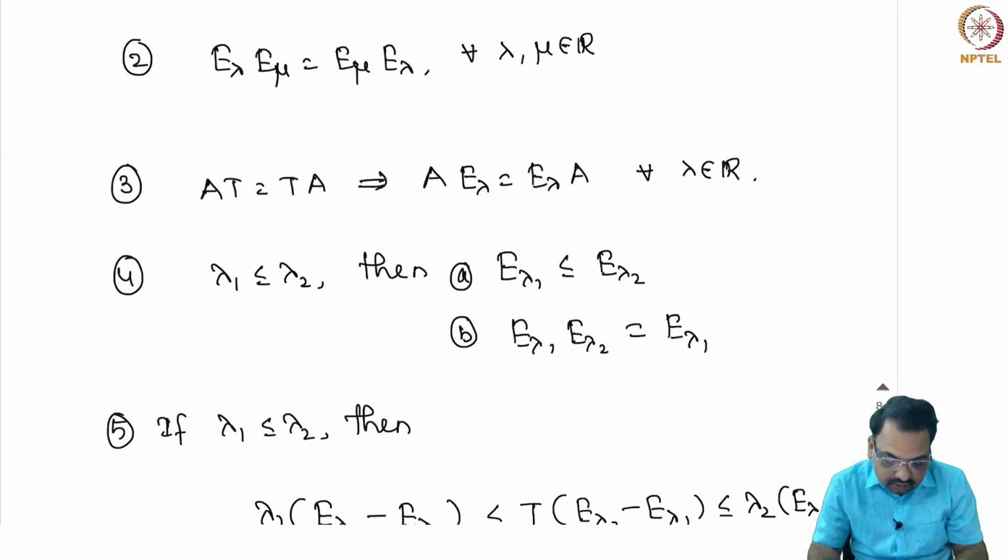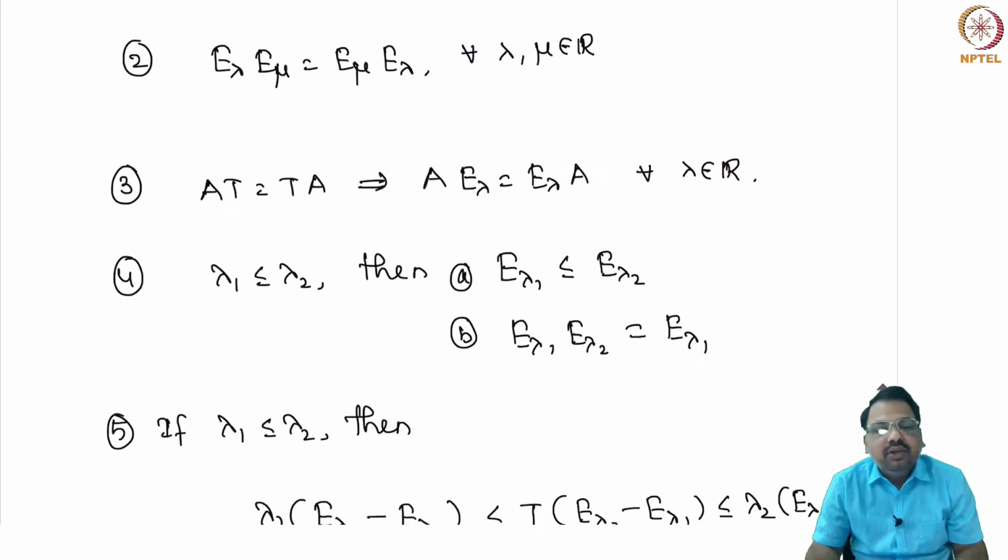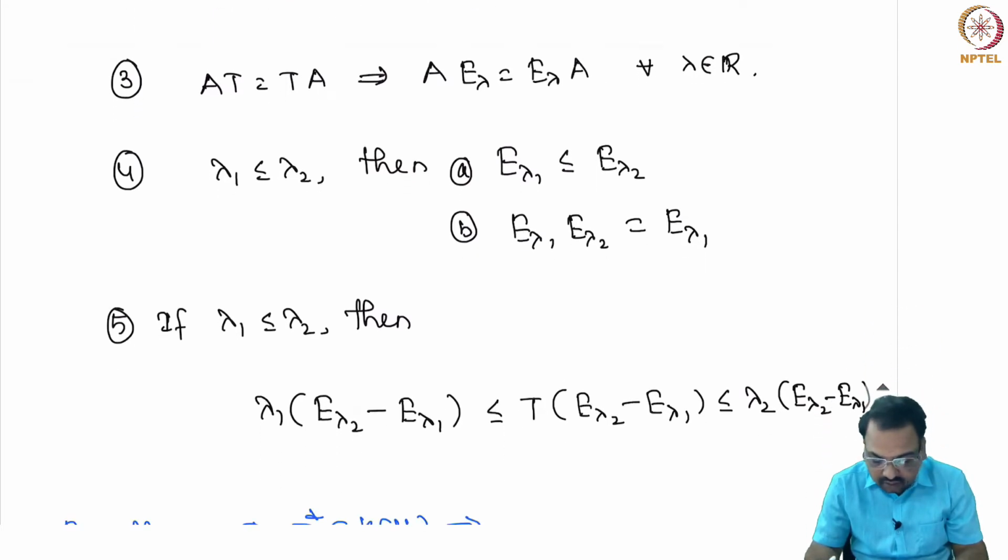When A commutes with T, then E lambda also commutes with T. In particular, all E lambdas commute with E mu, where lambda and mu are in R. Whenever lambda 1 is less than or equal to lambda 2, we have shown that E lambda 1 is less than or equal to E lambda 2, and E lambda 1 E lambda 2 is E lambda 1.